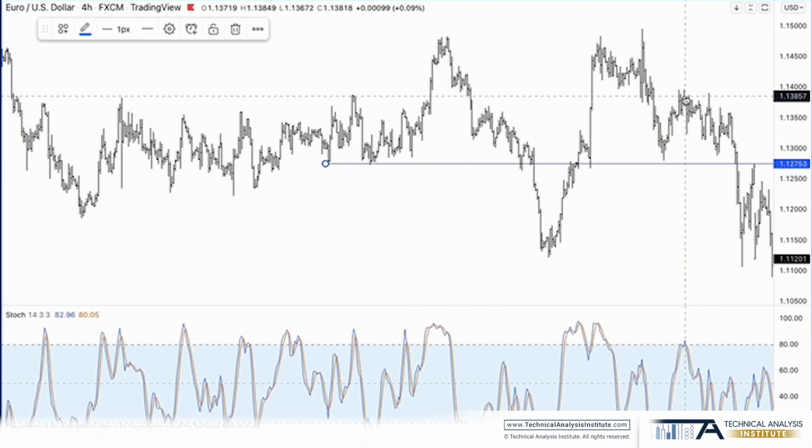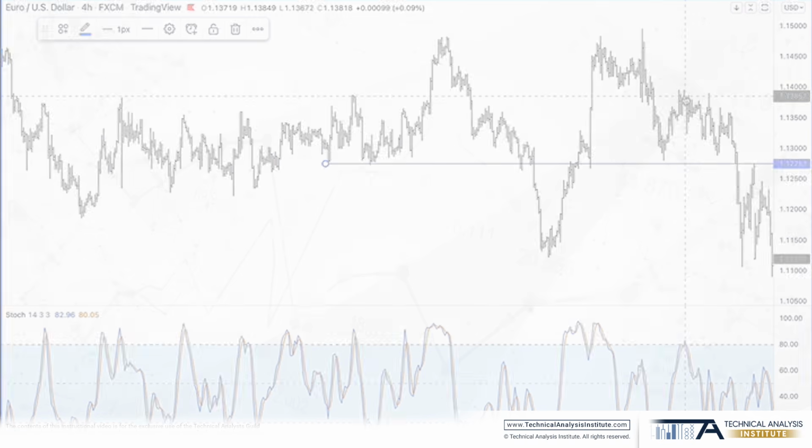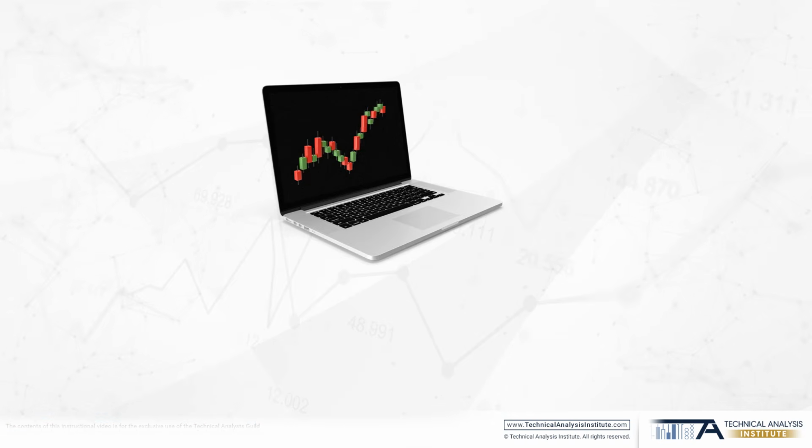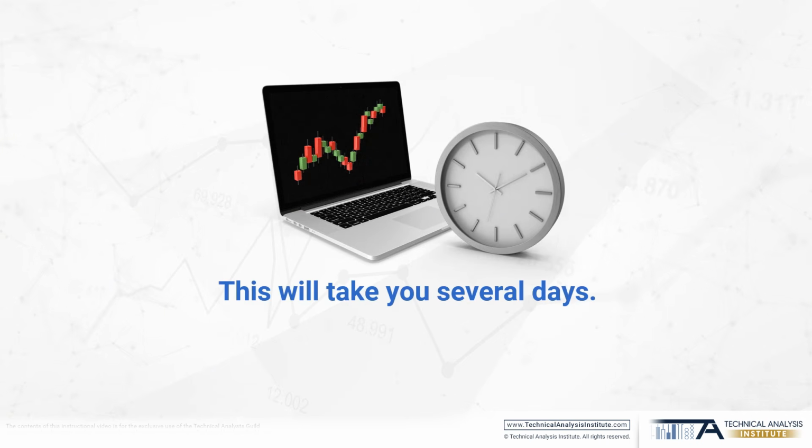So this is the way that you would use the stochastic in combination with the resistance and support analysis, and this is the way that you would bring an edge still bigger, still higher to your trades. You will increase exponentially your possibilities if you follow support, resistance, stochastic buy or sell signals depending upon where you are.